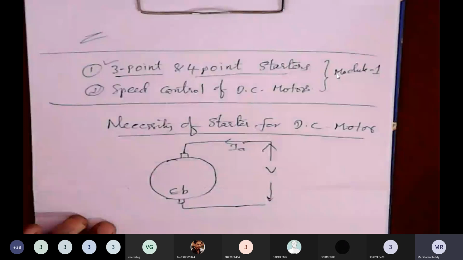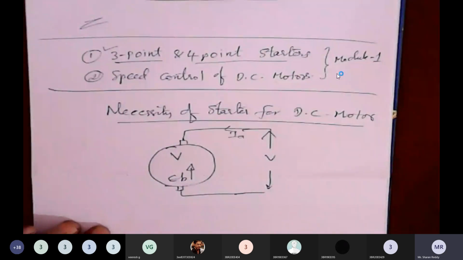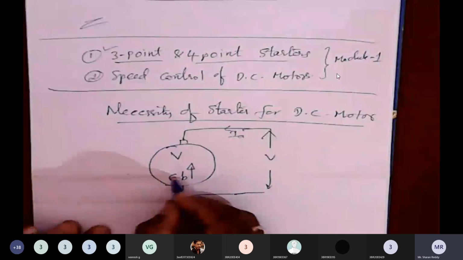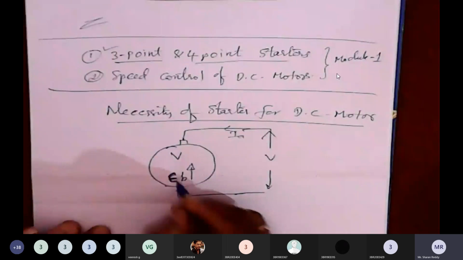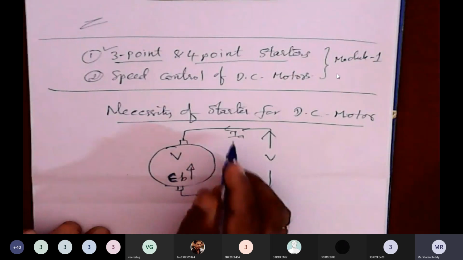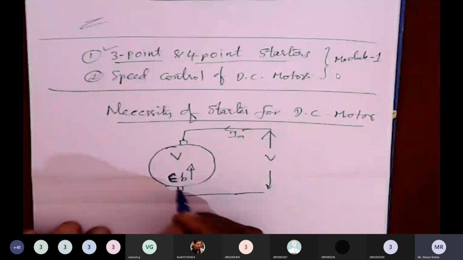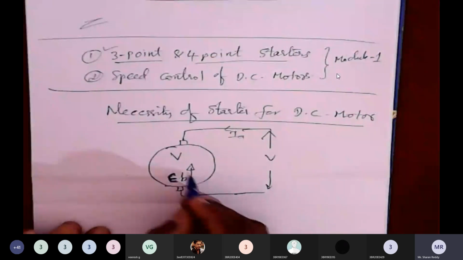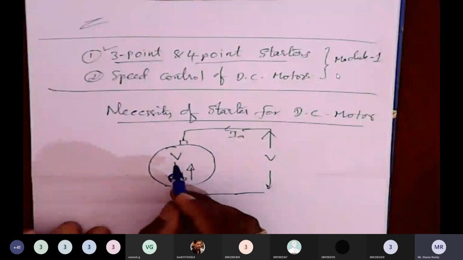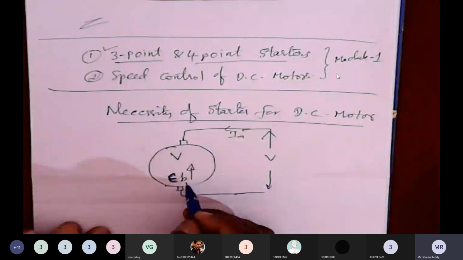The direction of this induced EMF is in opposition to the applied voltage V. According to Lenz's law, the induced EMF is in such a direction that it always opposes the cause producing it. This is there because of V. Once we apply V, only then is the back EMF developed inside, and it opposes the applied voltage as well as the current.